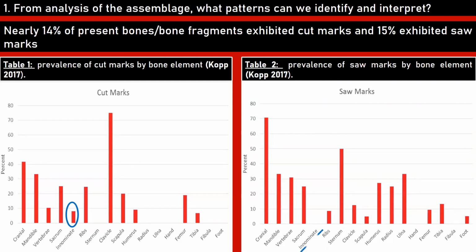So for instance, the innominate bones, which are your hip bones, did not have many marks compared to other types of bones, such as the clavicles or the cranial or skull bones, which had quite a few marks. Within the bone types themselves, we also noticed that marks were quite consistent in where they occurred, which left some areas of bone highly marked and others barely affected.